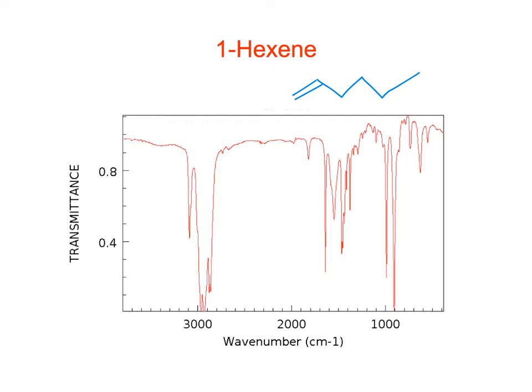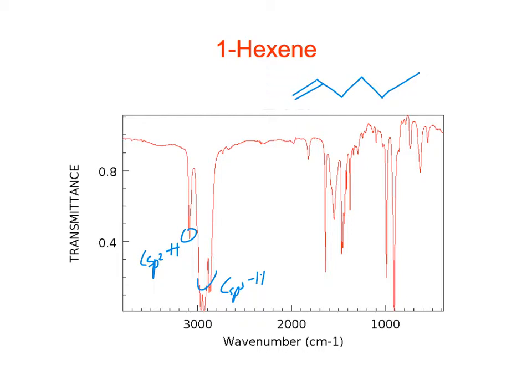And the things that we can pick out that are different, right? Well, the things that are the same, we still see this carbon-hydrogen stretch, right? Because there's lots of alkyl portion. But we see this signal on the higher frequency range, and so this is the stretch to the sp2 hybridized carbons, right?